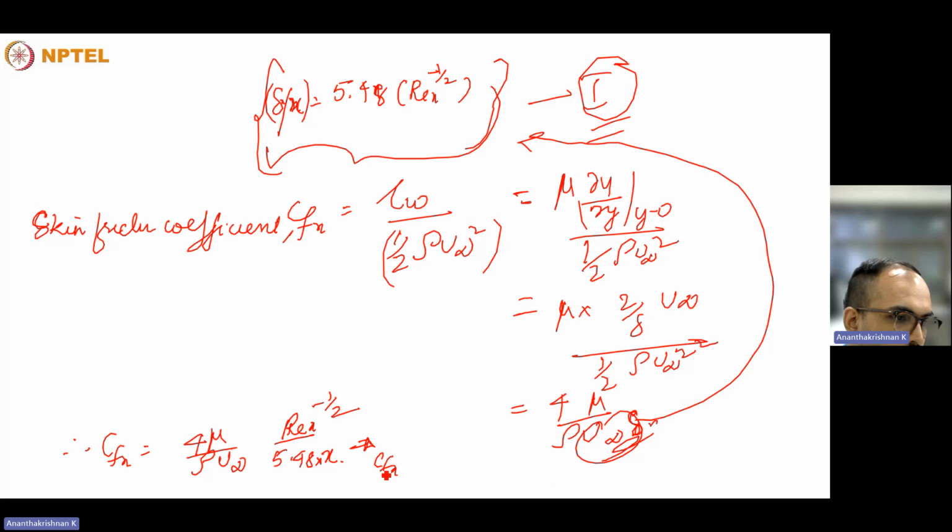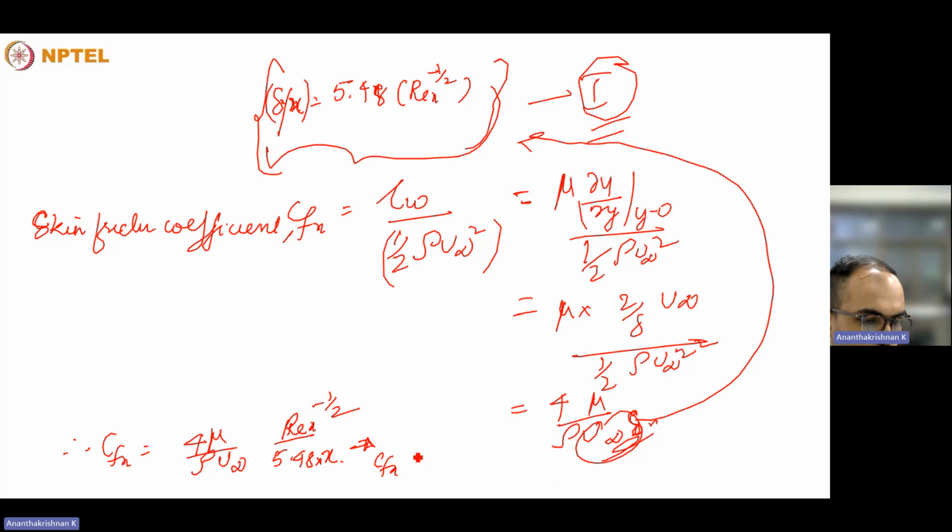Therefore, Cfx, by clubbing the terms of rho u infinity x and mu, that is equal to Reynolds number. So we'll get 4 by 5.48 multiplied by Reynolds number raised to minus 1 by 2 divided by Reynolds number raised to 1.